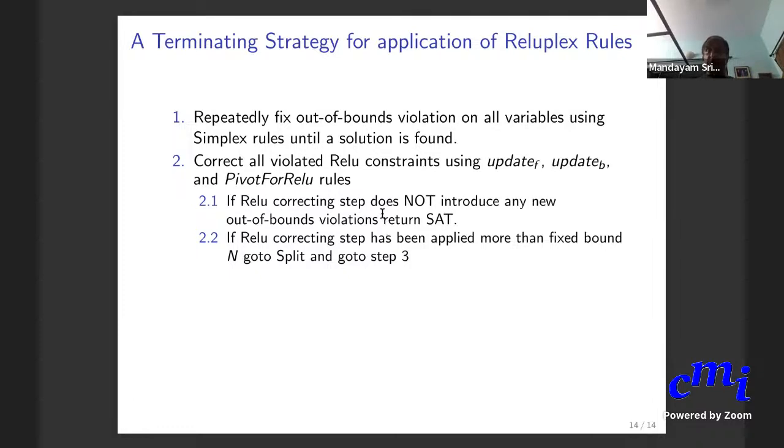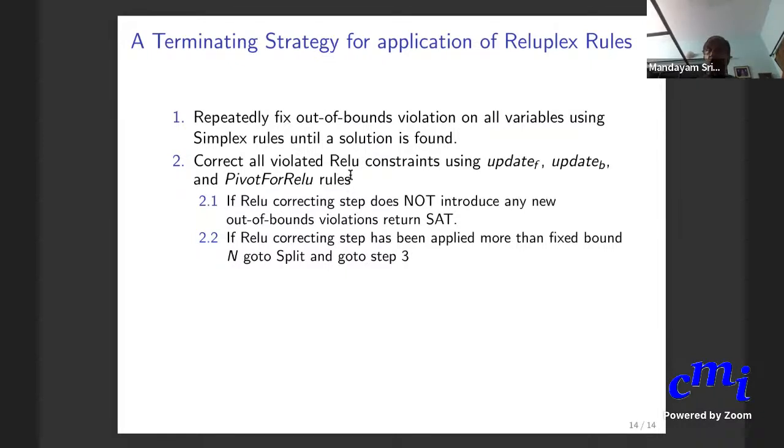Then if you're able to do it, you return SAT. What if this step 2 may not terminate? Application of simplex LP always terminates, as we saw, as long as you use a total ordering on the variables.